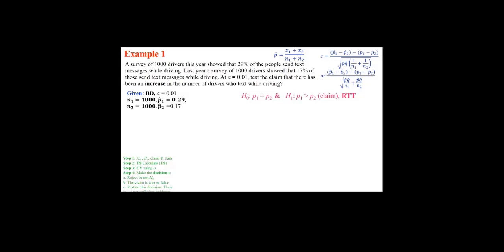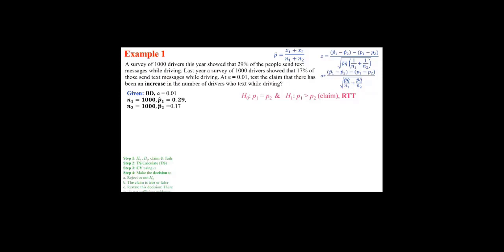The test statistic is much more interesting. If you look at the top right, the formula for the test statistic is given. And as I mentioned, P1 minus P2 is coming from H0, and therefore it is 0. I put both formulas. Again, it depends on the text. One may use the top one or the next one. They are identical.